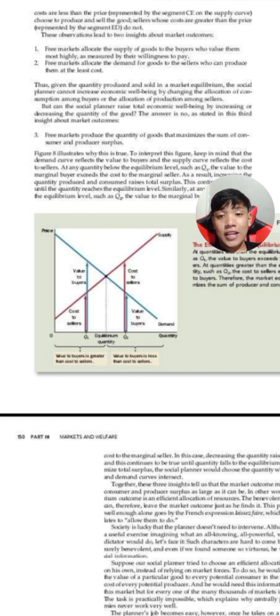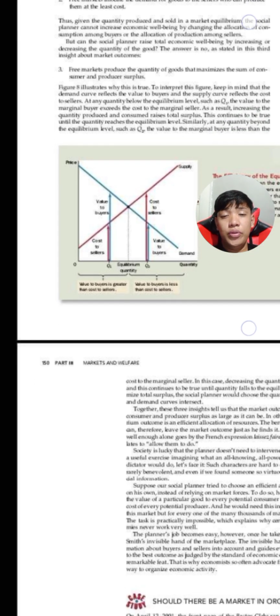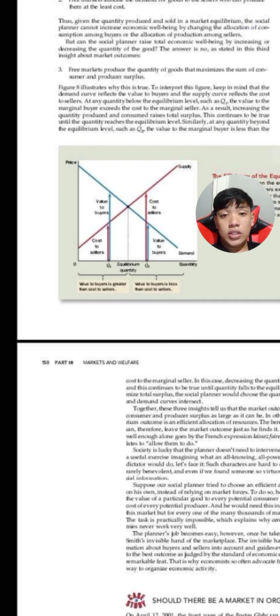At any quantity below the equilibrium level, such as Q3, the value to the marginal buyers exceeds the cost to the marginal sellers. As a result, increasing the quantity produced and consumed raises total surplus. This continues to be true until the quantity reaches the equilibrium level.